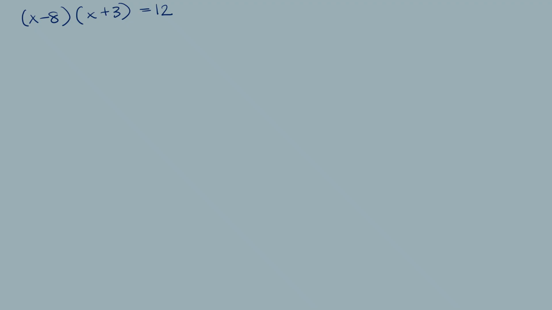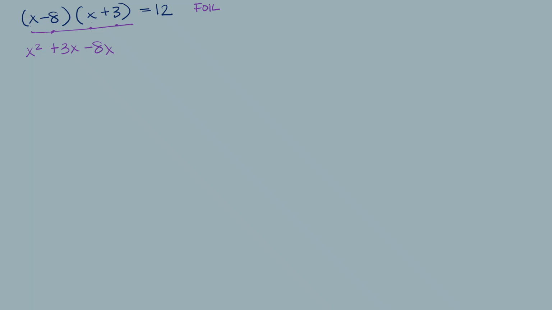Alright, so again, we're going to FOIL these two to get our new one, and then we can also move the 12 to the left side. So we're going to do our first ones, x and x, so we have x squared. We're going to do our outer ones, x and 3, to get plus 3x. We're going to do our inner ones, negative 8 and x, to get minus 8x.